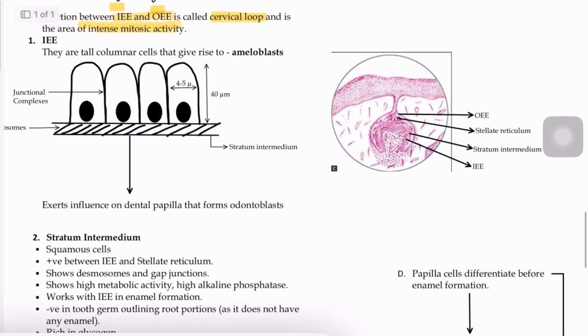Let's talk about the inner enamel epithelial cells. They are tall columnar cells that give rise to ameloblasts. Very important. See, what did we have so far?